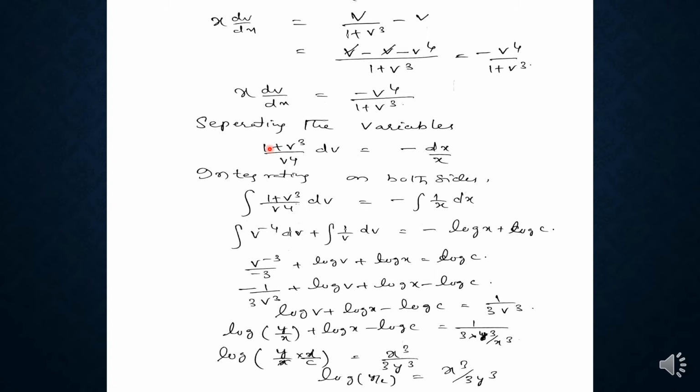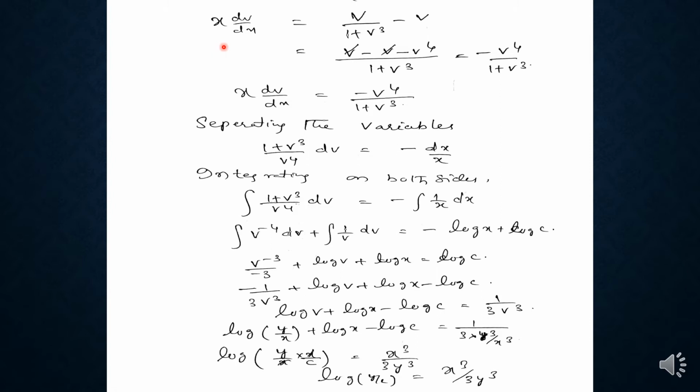So to solve the homogeneous differential equation, at first we should confirm whether it is homogeneous or not. Then if it is a homogeneous differential equation, put y is equal to vx, then differentiating with respect to x on both sides, it becomes dy by dx is equal to v plus x dv by dx. Then by substituting the value of dy by dx and y is equal to vx in the given differential equation, the equation becomes in terms of v and x.